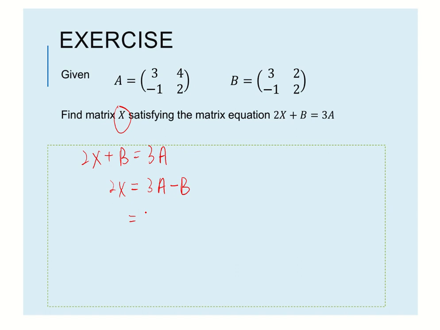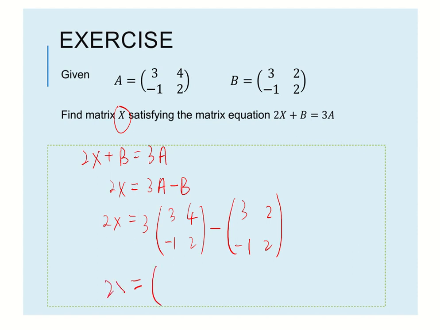So let's solve this matrix first. We have 3 times A. What is A? A is negative 3, 4, negative 1, and 2. Minus the B, matrix B is 3, 2, negative 1, and 2. By solving this, now we have 2 times matrix X equals 9 minus 3, which is 6. 12 minus 2, 10.